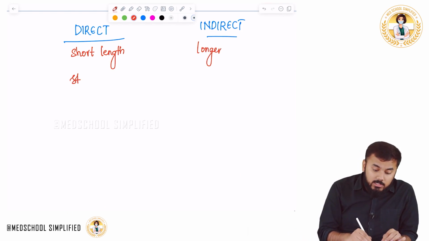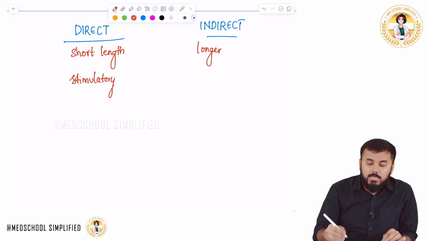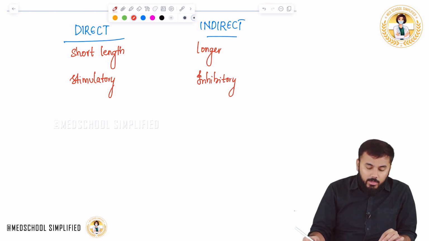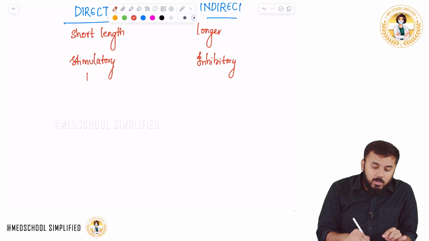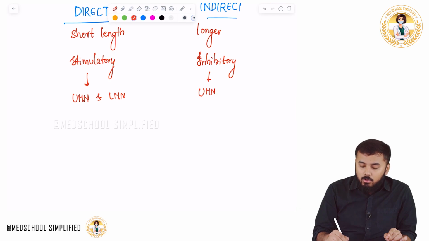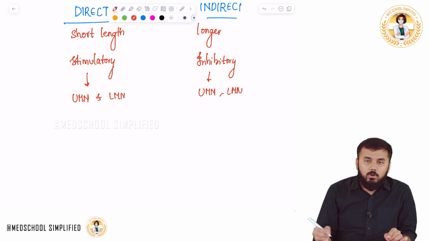Next, the direct pathway is a stimulatory pathway, whereas the indirect pathway is an inhibitory pathway. Now, the direct pathway will stimulate, in the sense, stimulate what? Stimulate your upper motor neuron as well as the lower motor neuron. Okay. The inhibitory pathway will inhibit what? Your upper motor neuron as well as your lower motor neuron.